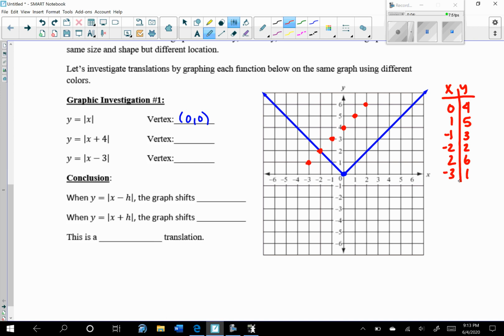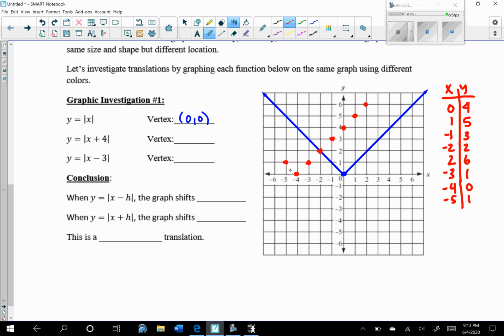Let's do negative 4. Negative 4 plus 4 is 0, and the absolute value of that is 0. Let's try negative 5. Negative 5 plus 4 is negative 1, and the absolute value of that is 1. So now we can see it's going to start making that V shape.